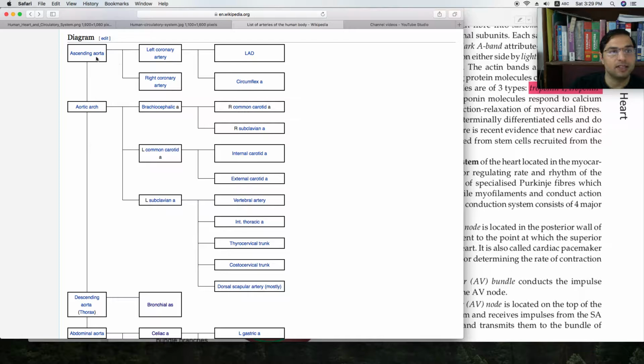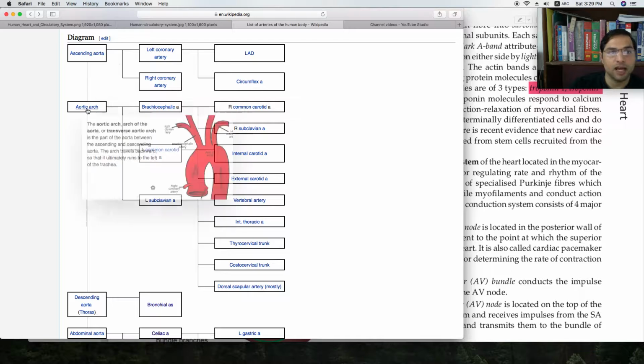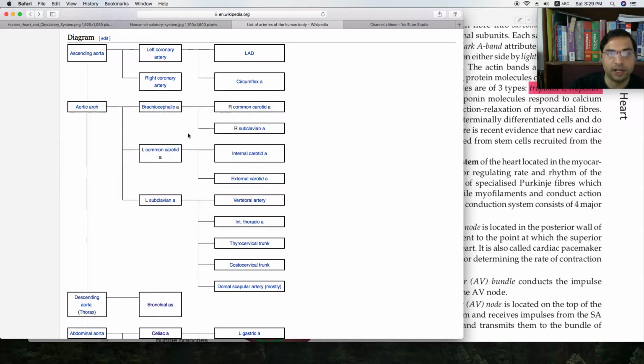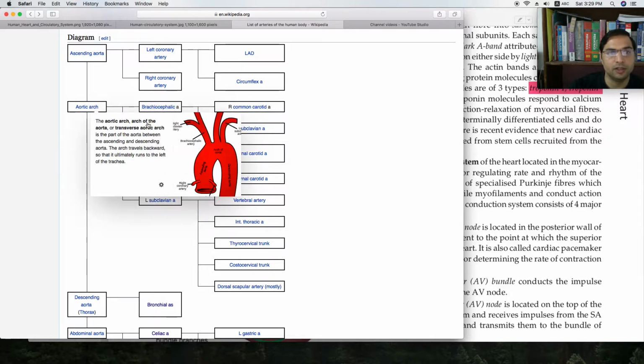So after ascending aorta, the arc of aorta is the second part, the arc of aorta. The arc of aorta gives three branches, one to the right, one to the head region, and third to the left. So the first branch which is going to the right is called as brachiocephalic artery.